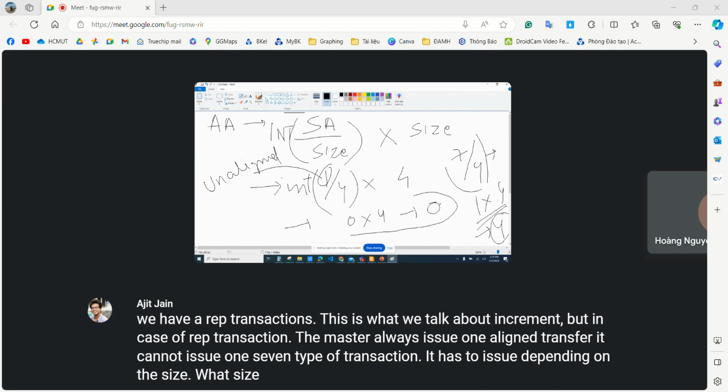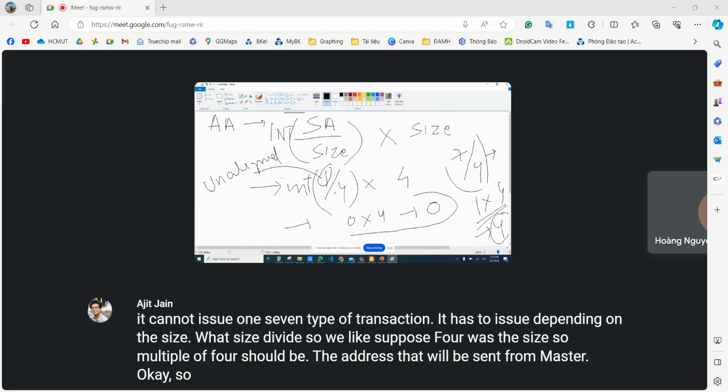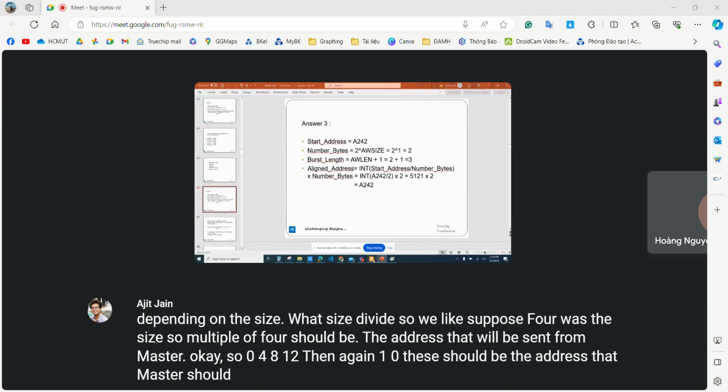Like suppose 4 was the size. So a multiple of 4 should be the address that will be sent from master. So 0, 4, 8, 12, then again 0.